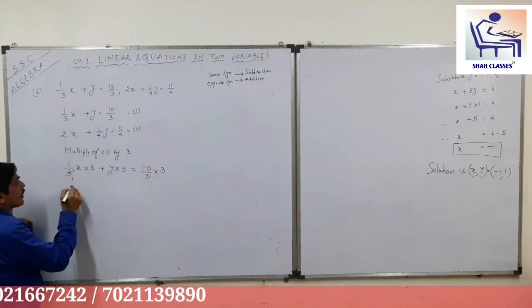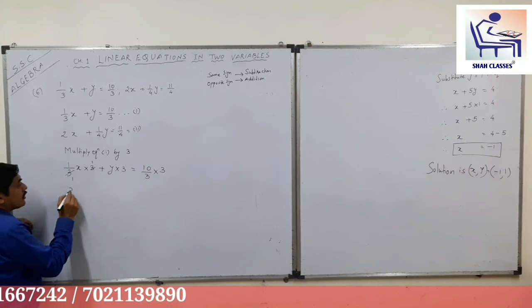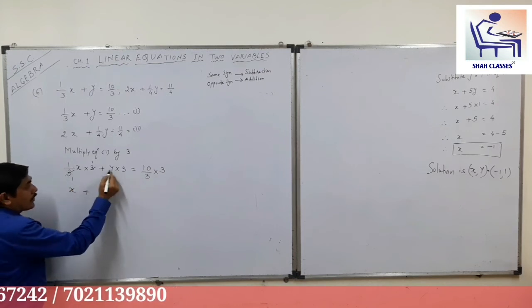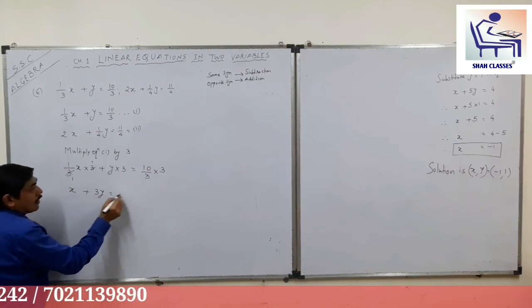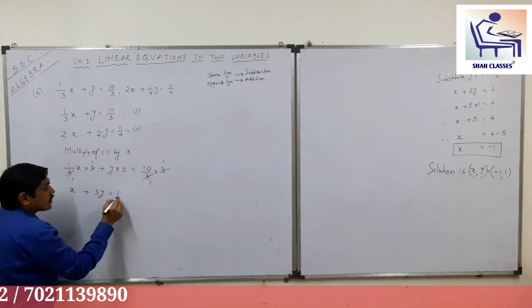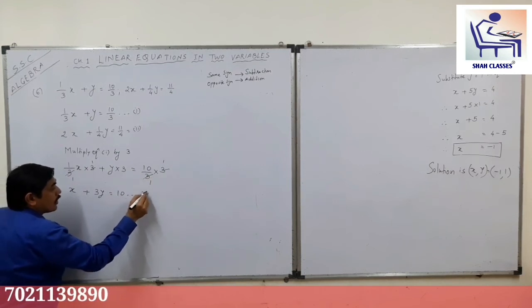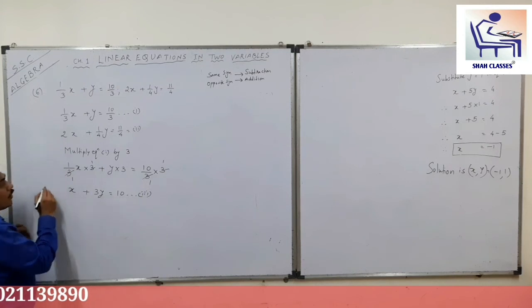Here, after cancellation, what remains? x only. y into 3, 3y, and again here cancellation. So we got equation number 3 in a simpler form.